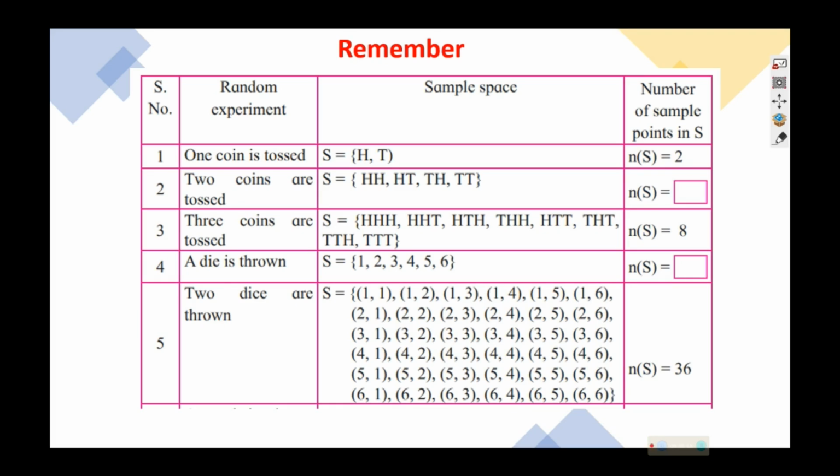You should remember that when one coin is tossed, the chance of getting head and tail is equal, either head or tail. In different situations we found different sample spaces or different sample points. Sample points indicate the number of sample spaces. What are the chances? Their number is the sample points.